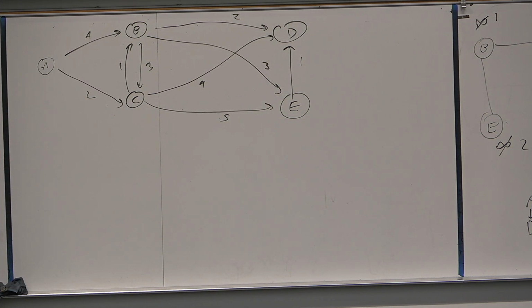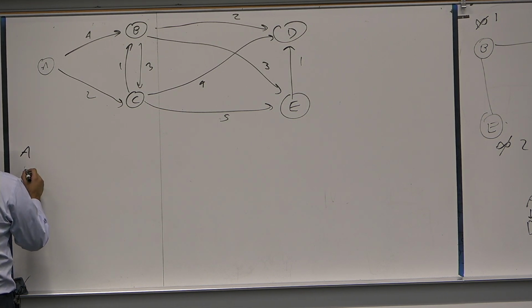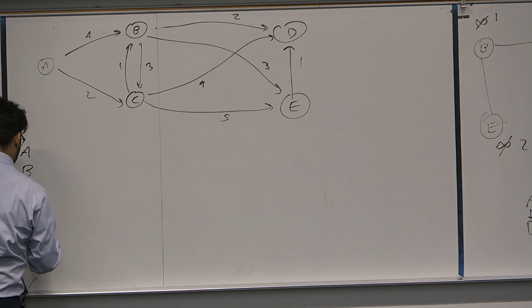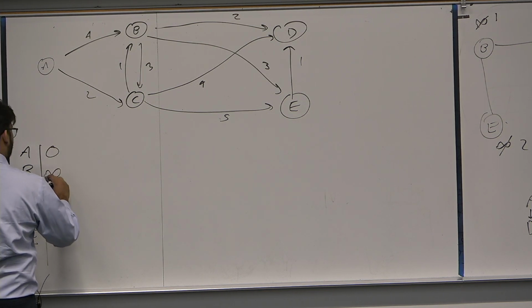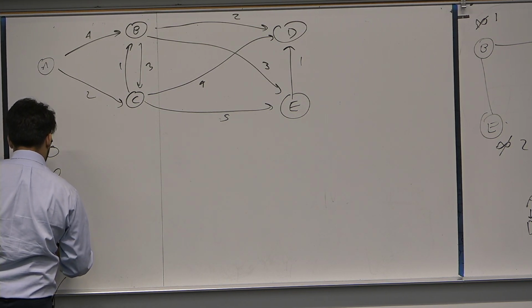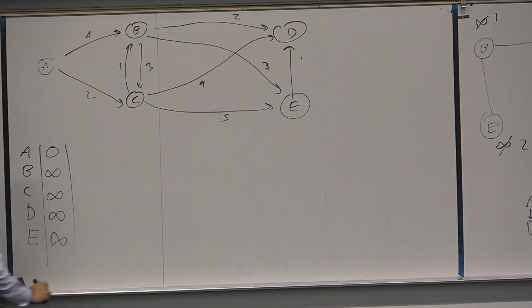So at the beginning, let's just set our Q to be as follows. We update the distances for A to be 0 and all the others to be infinite, and let the column represent the Q at a different time step. So we eject A first, that's the one with the minimum.